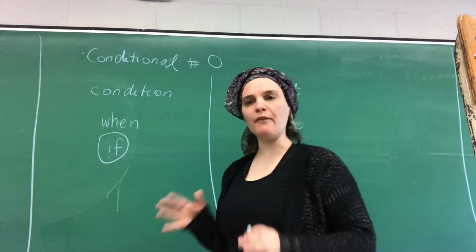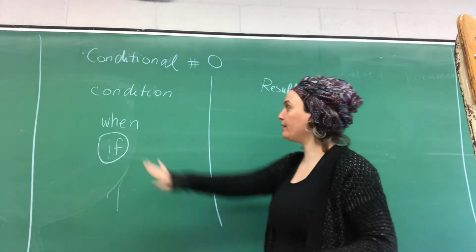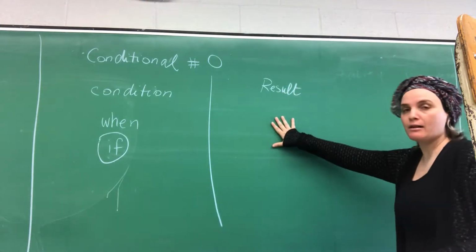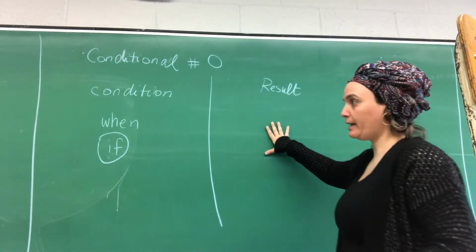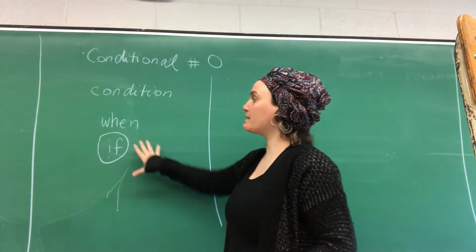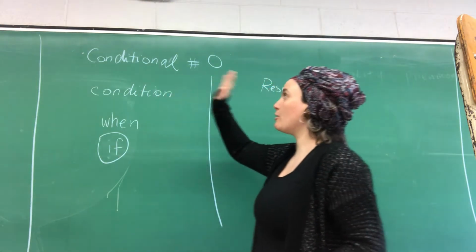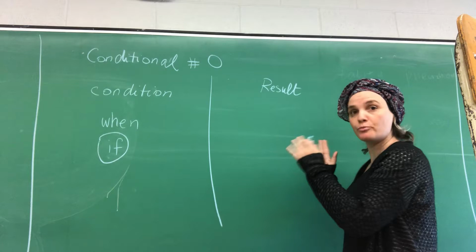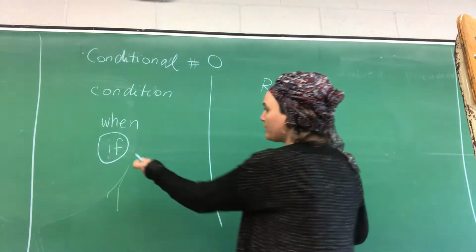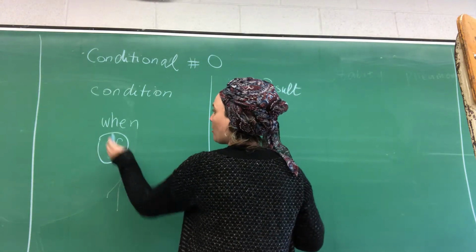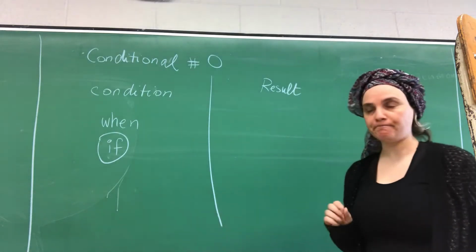We use if more often, but you can also use when. And then there is the result part, okay? So this section here, we call it the if clause. So the conditional has two clauses, two parts in the sentence. This one is what we call the if clause.